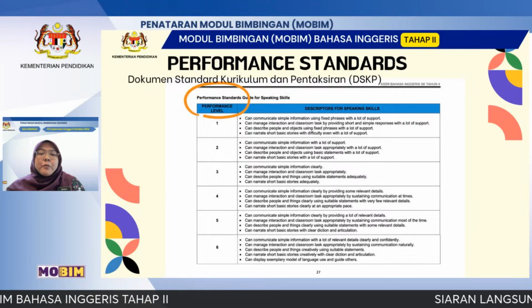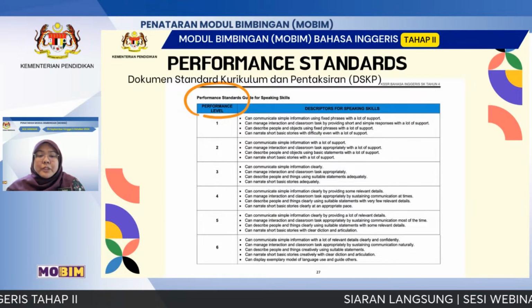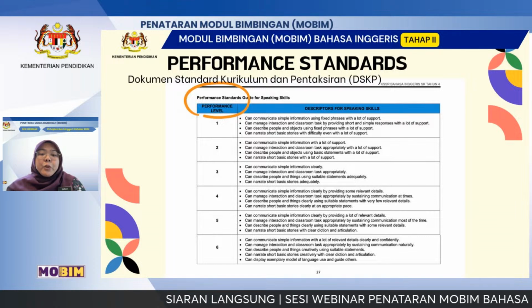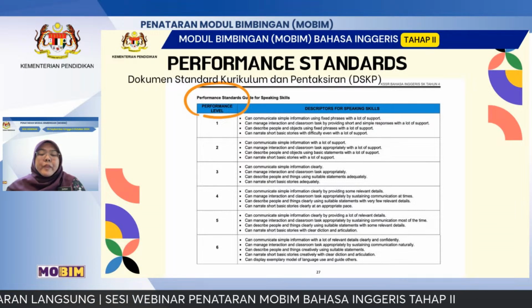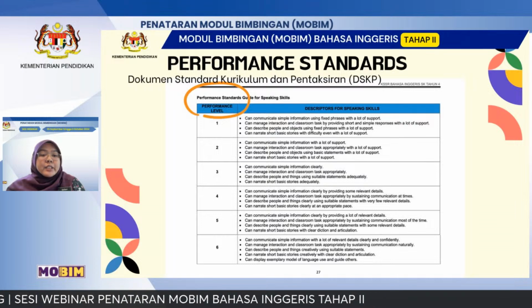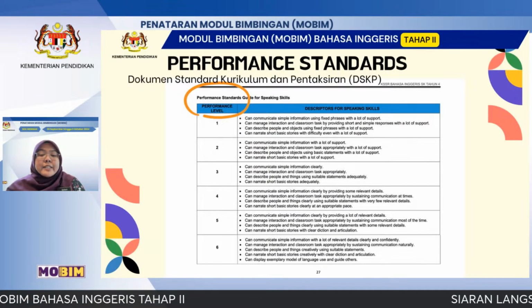So for speaking, and I'm reading off the bullet points here in the table, the Year 4 pupils can communicate simple information, manage interaction, describe people and things, as well as narrate short basic stories.